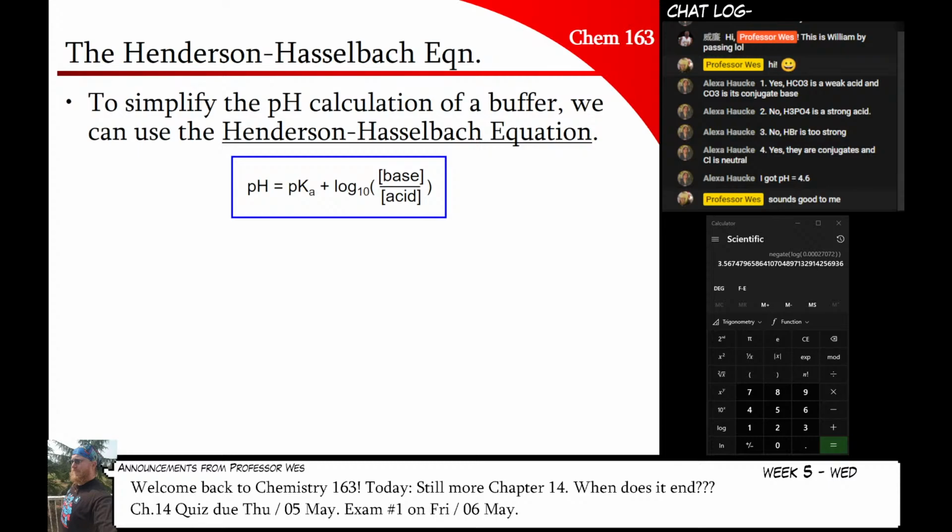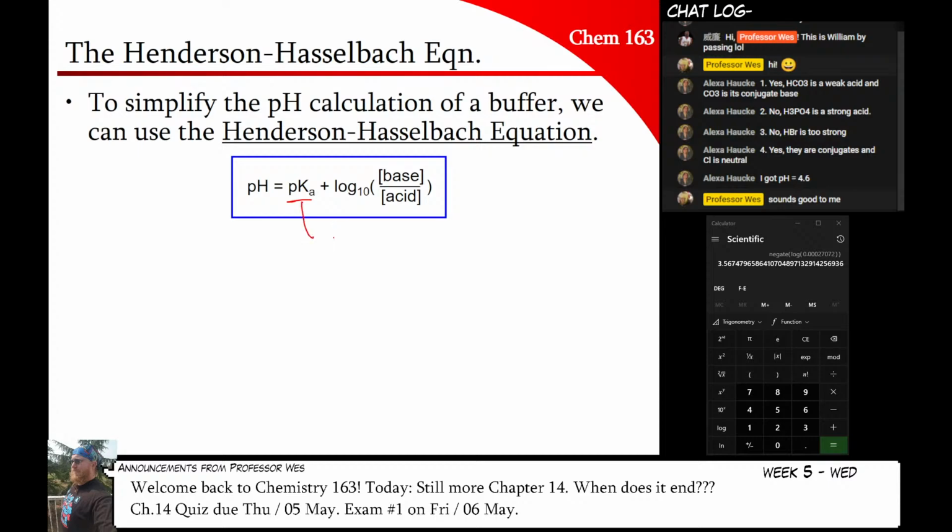Alright, here's your equation. This is the Henderson-Hasselbalch equation, also known as the HH equation because we get sick of saying Henderson-Hasselbalch. It's just too many syllables. So we're going to use the HH equation to predict the pH of any buffer following some restrictions. So first, let's explain the equation. So pH is what we're solving for, but pKa, we know what that is.